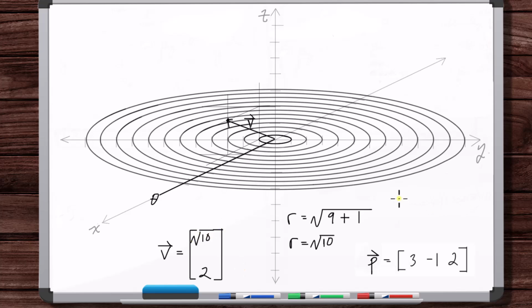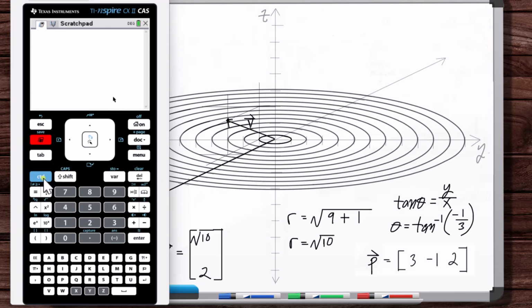Then we have the relation that tangent of theta is equal to y over x. So theta is equal to arctangent of minus 1 over 3. Let's start in degrees and then we'll convert it to radians.